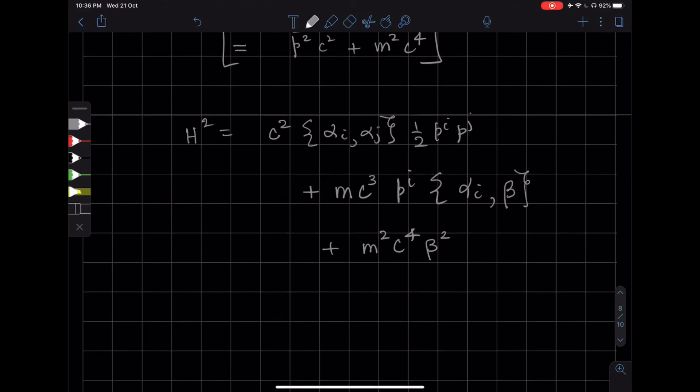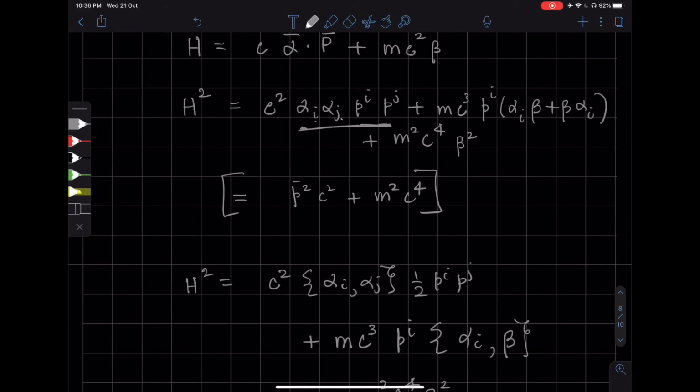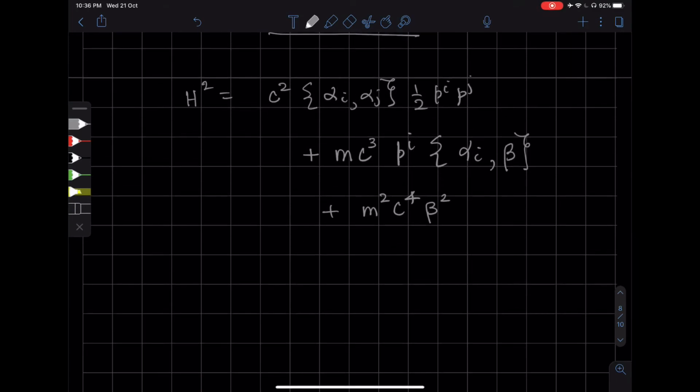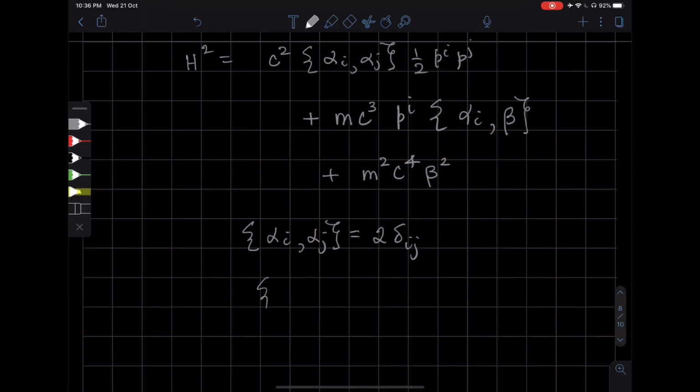So thus we see that this relationship gives us the squared relativistic mass energy condition if the anti-commutator of alpha i and alpha j is equal to 2 delta ij, and alpha i, the three matrices, anti-commute with beta.